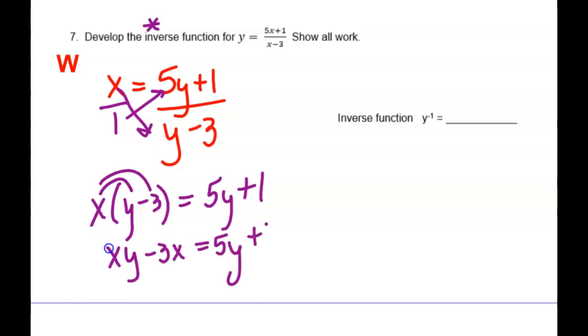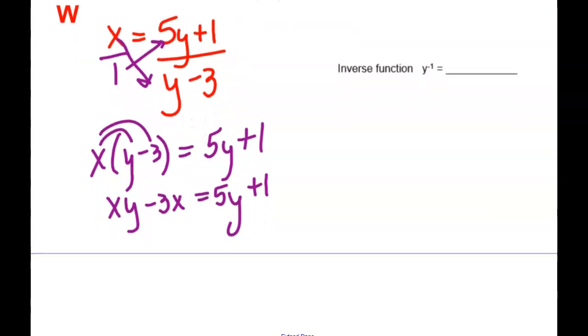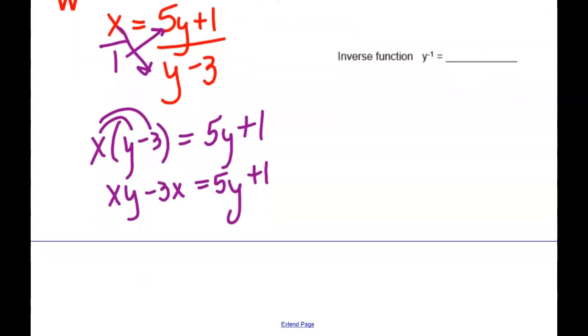And then does anybody remember what the next steps are? You need everything with a y on one side so that you can factor out the y. So we're going to subtract 5y over here. And this doesn't have a y, so I'm going to add it back over here.